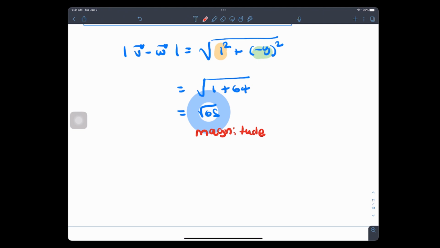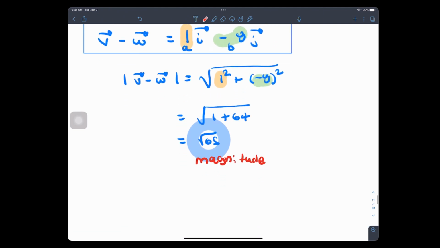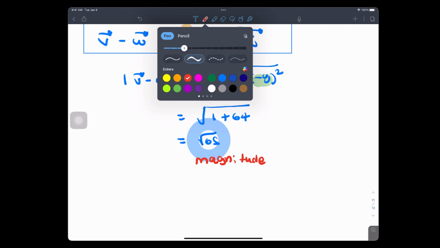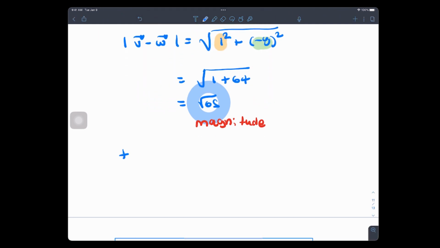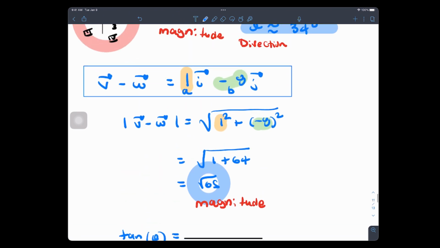Okay. Now, what if I say to you guys, what's the direction now that you find the magnitude? Well, you say what? Tangent theta is B over A.